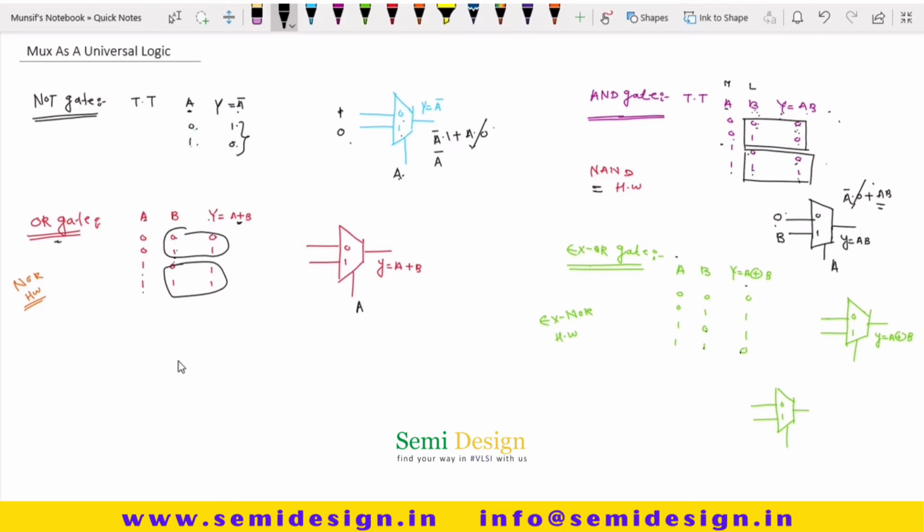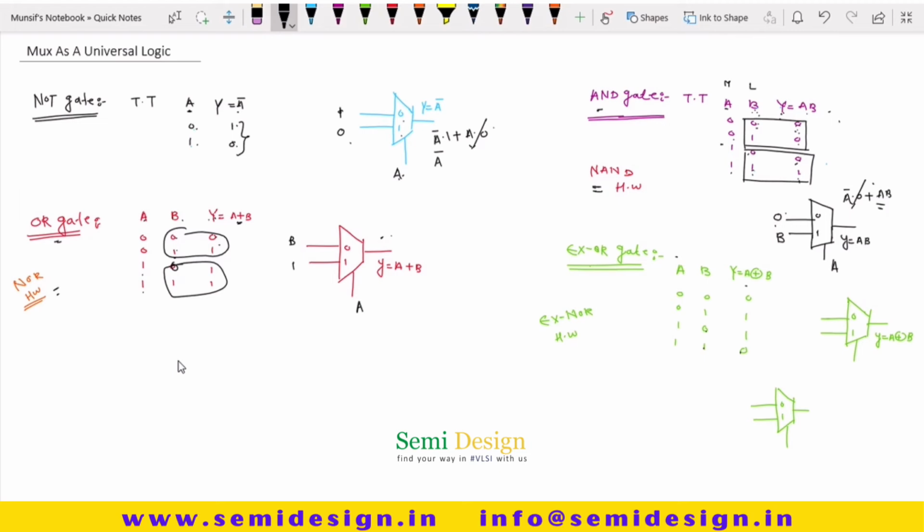This is 0. Okay. Now compare this Y and B. So Y is equal to B here. Okay. And Y is equal to 1 here. Same check, same as we have checked for AND gate, and you can cross check this. Now take NOR gate as homework.